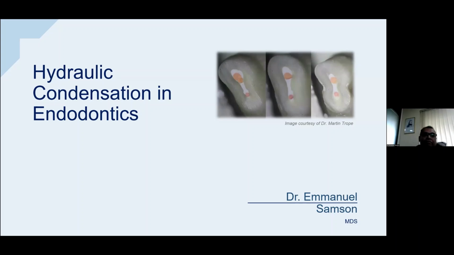Before I start with hydraulic condensation in endodontics, I would like to brief about microleakage, the bioceramic sealers, their tubular penetration, the expansion, the types of bioceramic sealers, the mechanism of their action, why they are used, and what is the way to use the bioceramic sealers, and finally, how it's going to benefit hydraulic condensation in endodontics.